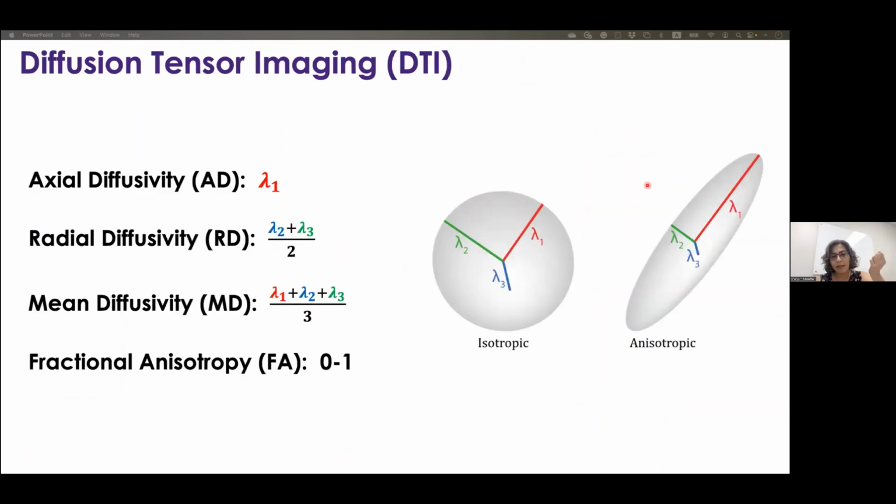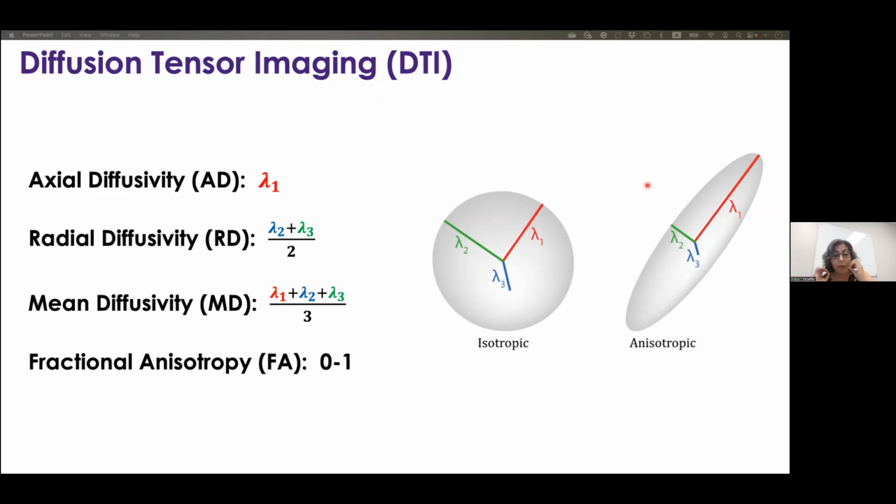A more advanced diffusion-based MRI method is diffusion tensor imaging, or DTI. In DTI, once the water diffusion is measured, diffusion in each voxel is modeled with a diffusion tensor, which can be represented as an ellipsoid with 3 eigenvectors and corresponding eigenvalues. We obtain tensor-based metrics from this tensor to describe the diffusion within each voxel.